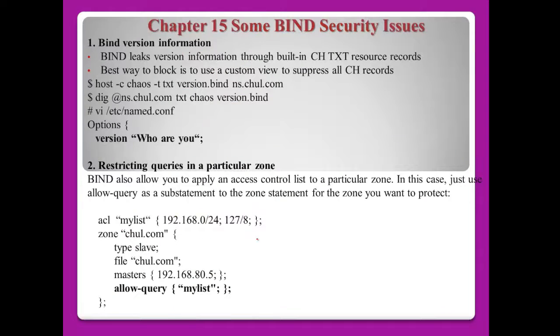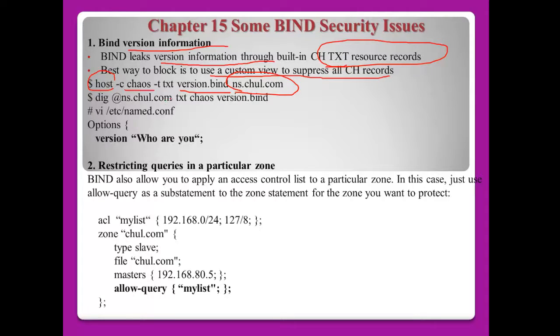Okay, chapter 15, some BIND securities. The first one, BIND version information. Normally, BIND leaks version information through the built-in TXT resource record. For example, here, using host, see the chaos, the TXT, version.bind, it makes mine the name server.